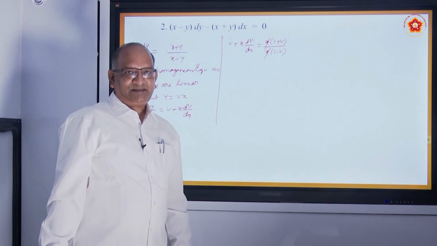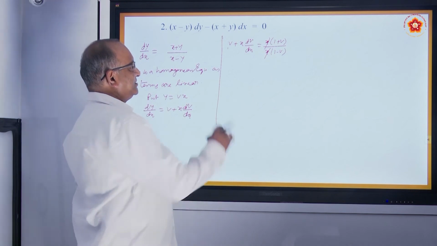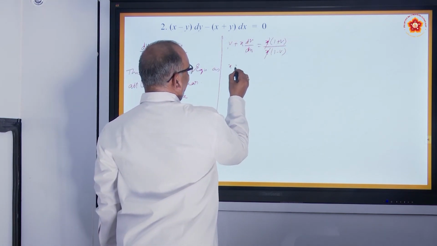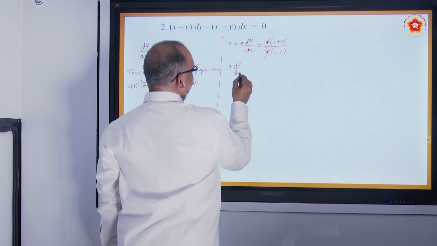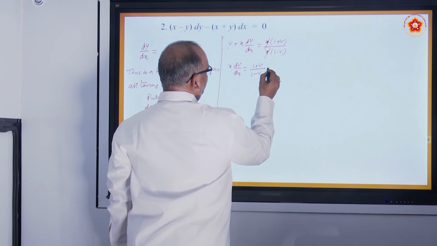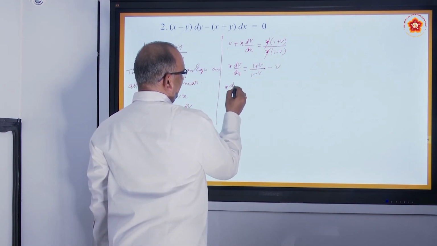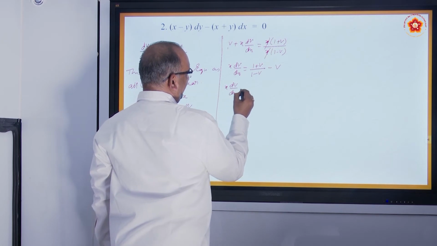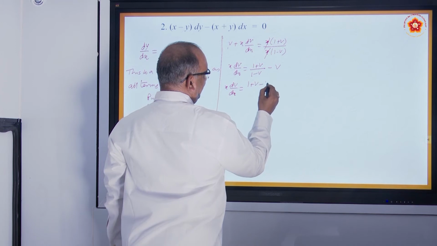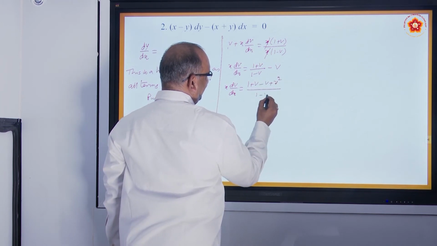And what do we do next? Just like the previous problem, shift this v to that side. It will become minus v. As a result, you will get x dv by dx equal to 1 plus v upon 1 minus v, minus v. Simplify: x dv by dx equal to 1 plus v minus v plus v square by 1 minus v.